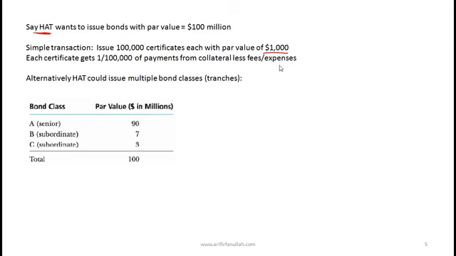You should agree, because tranches and bond classes are just synonymous. So alternatively, the issuing entity, which is HAT, could issue multiple bond classes or tranches. It could issue a senior bond class called A with a par value of 90, B with 7, C with 3.